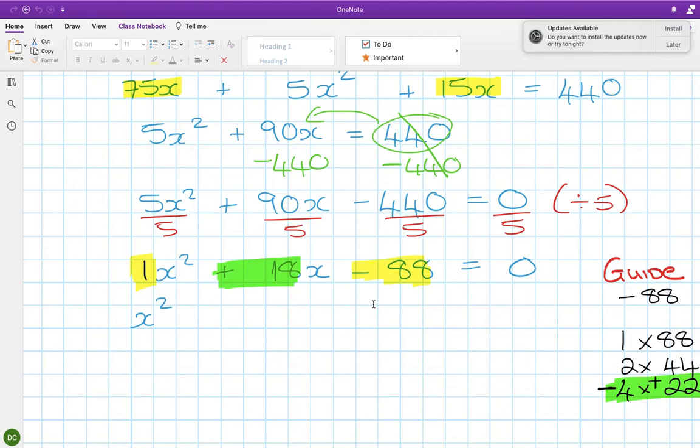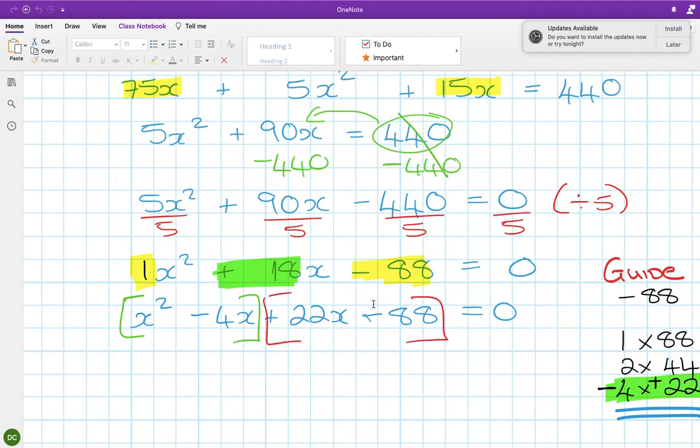So instead of plus 18, I'm going to make it minus 4x plus 22x using these guys over here. Minus 88 equals 0. You pair them up. Sorry, that looks like a plus. That's a minus.